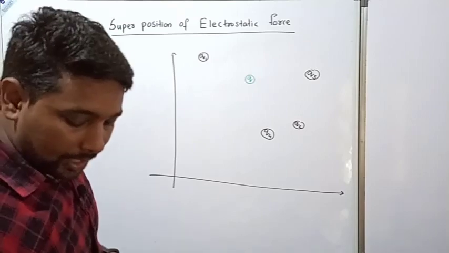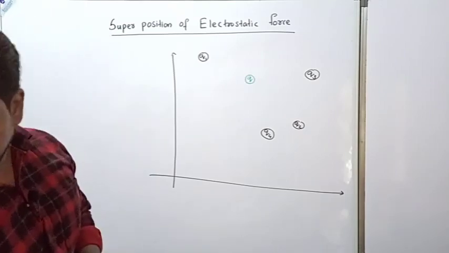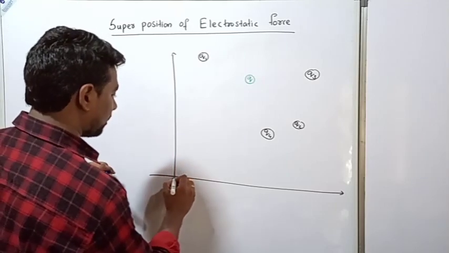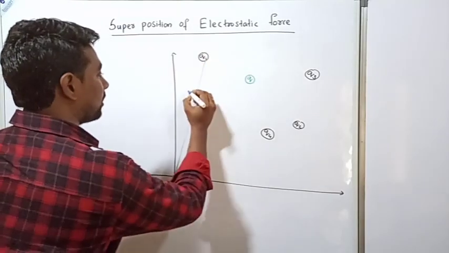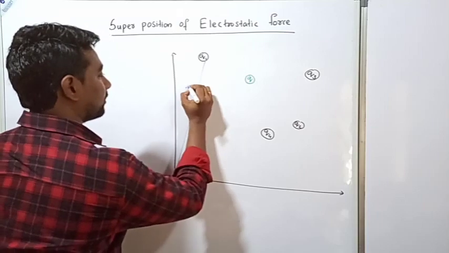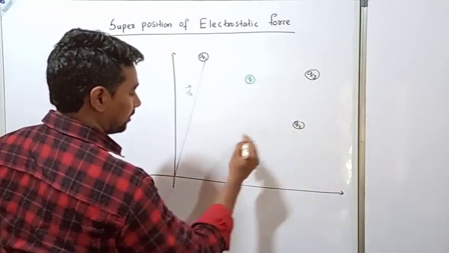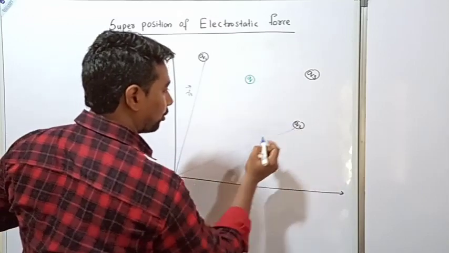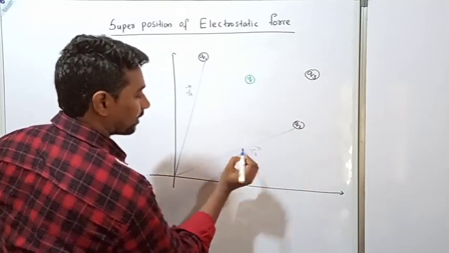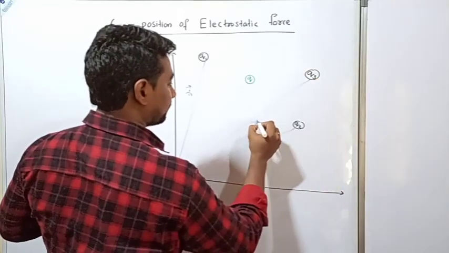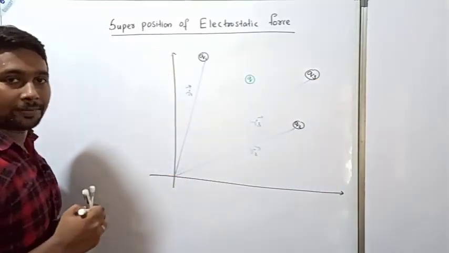We have to represent the position vector for each charge. Consider the position vector for this charge, which is vector r1, for q2 vector r2, and for q3 vector r3.